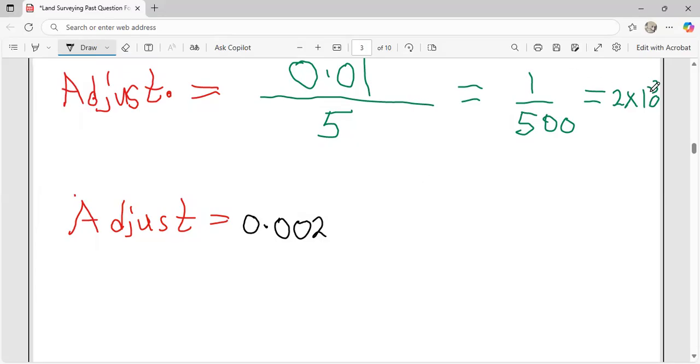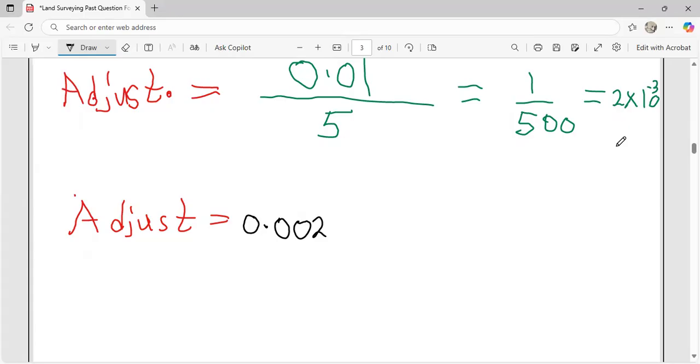So the number of exponents, the number of negative exponent, if it was -4, it will be what? 0.0004. So the number of exponents determines the number of zeros in terms of the negative, using a value in its standard form like this.